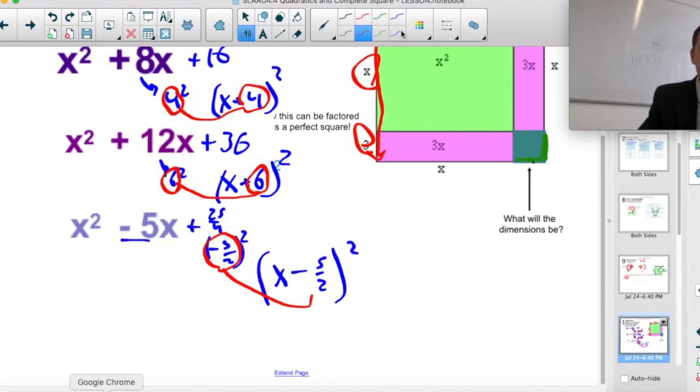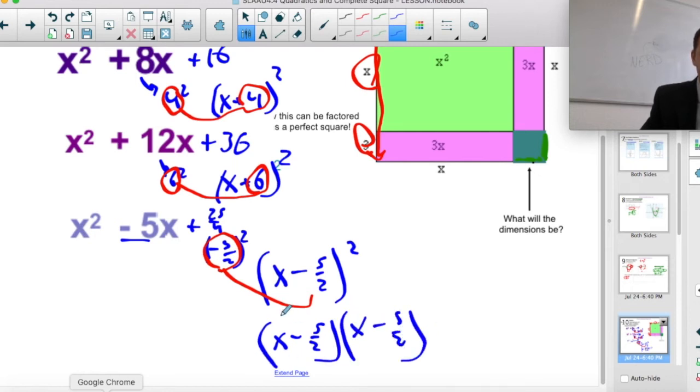If you're not completely sure about that, expand it. x minus 5/2 times itself. This gives you x squared. This gives you positive 5 times 5 is 25, and 2 times 2 is 4.